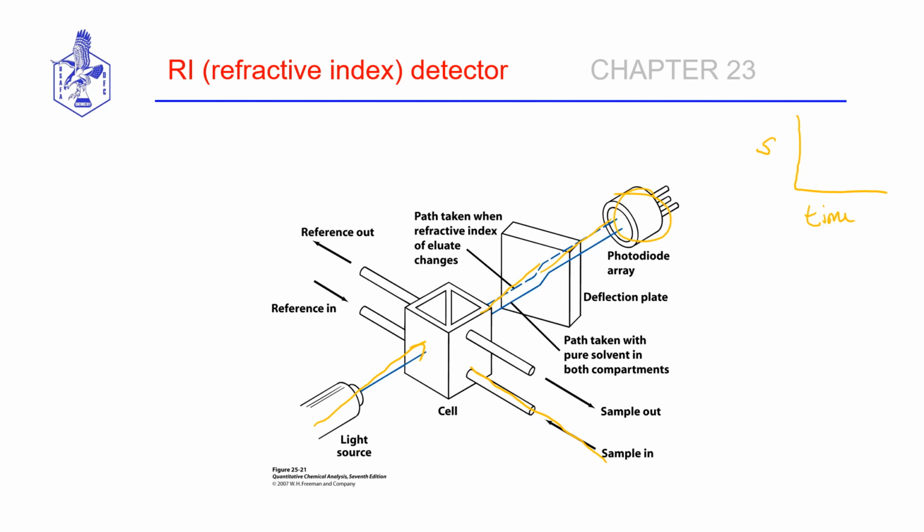And so once again, this is a general purpose detector. It typically has the least sensitive detection limits, so it's okay if you've got fairly high concentrations of your species coming through.